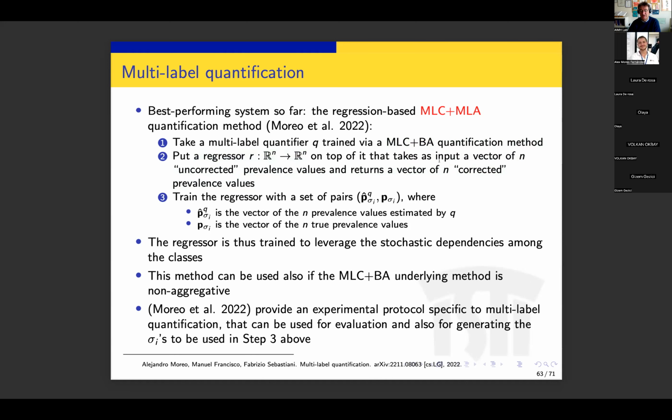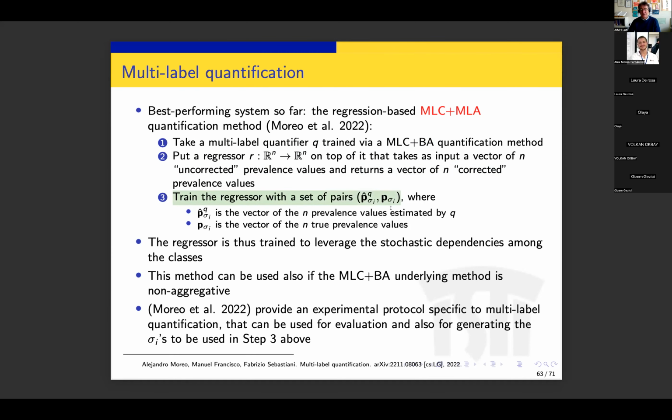It takes as input this vector of prevalence values, for which the BA hadn't taken the stochastic correlations into account, and returns a vector of n prevalence values that consider this correlation. How can the regressor consider these correlations? The idea is that we train the regressor with a set of pairs.